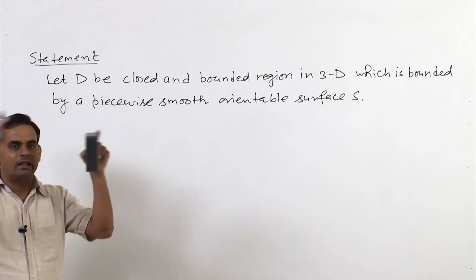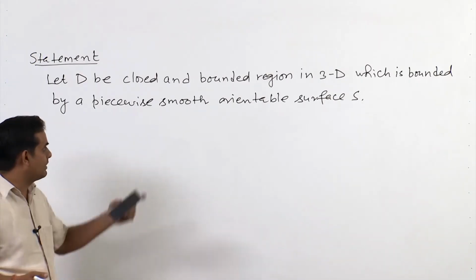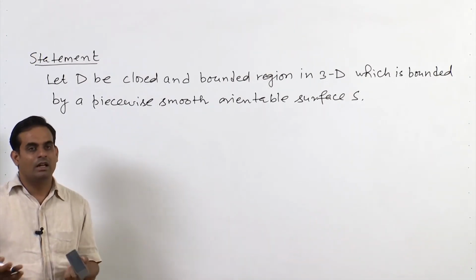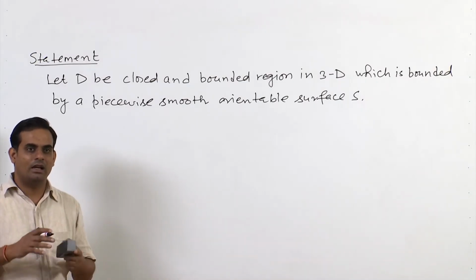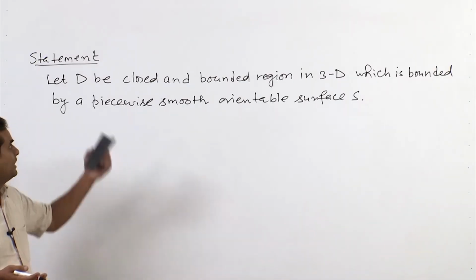For example, if the surface S is a sphere, then the region inside the sphere along with the boundary will be the D.